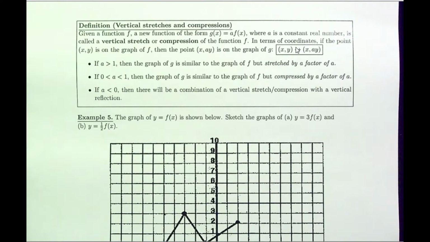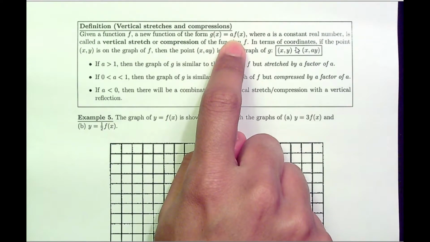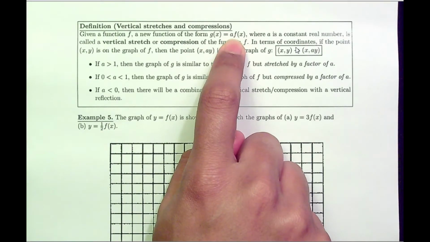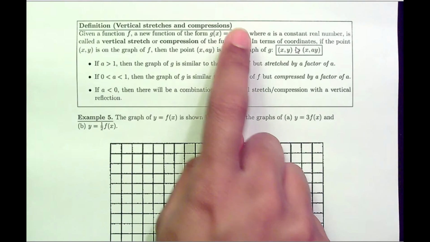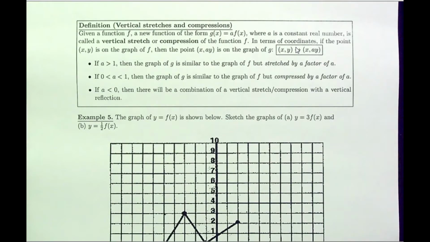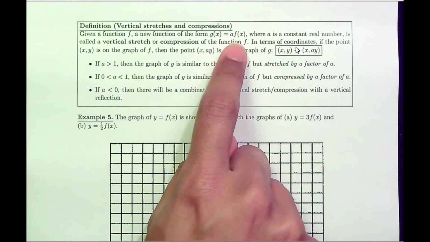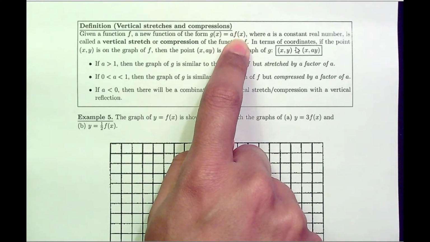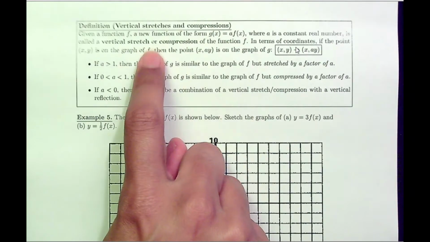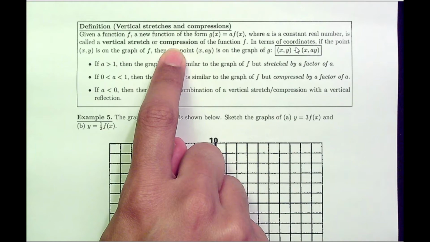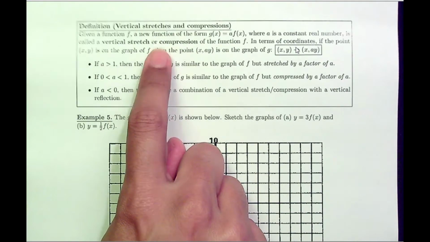Okay, if you're multiplying a function outside by a specific number, remember doing things outside of the formula affects the graph vertically. So that is multiplying by a number outside is going to be called a vertical stretch or compression. If so, which one is which?